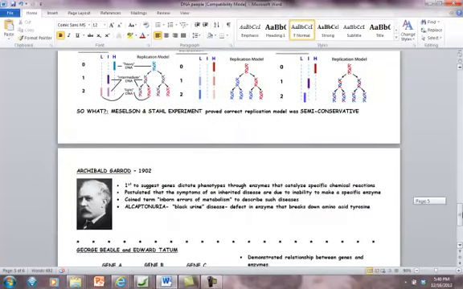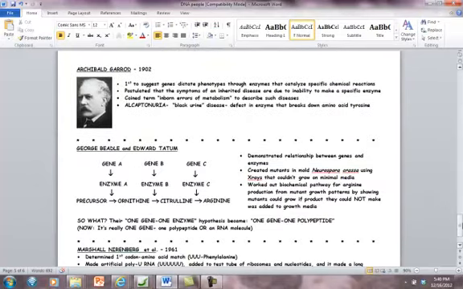The other experiment, way earlier than that, early 1900s, we talked a little bit about this when we talked about our genetic disorders, is Garrod's idea of inborn errors of metabolism, that genetic diseases produce changes in enzymes that cause genetic problems.